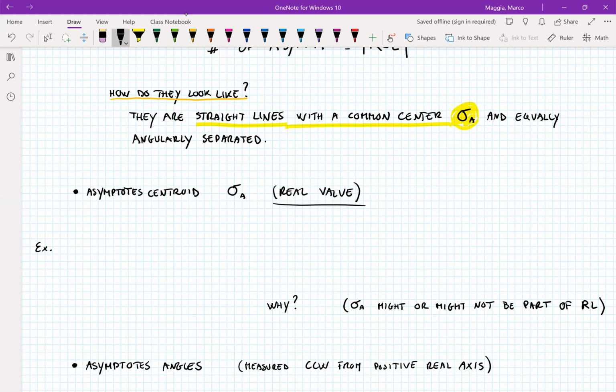So the whole root locus, having all the possible solutions of such roots, also has to be symmetric with respect to the real axis. All right, so how do we calculate this asymptote centroid? We need to sum up all the values of the poles, P1 plus P2 all the way to PL, and then subtract the sum of the zeros.